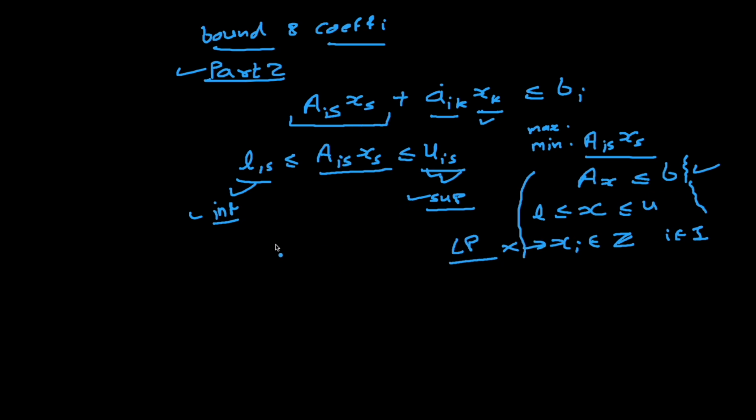A particularly interesting case is when we have only one constraint, right? So let's take a look at this. We are minimizing the sum of a_is x_s subject to, let's say we keep only one constraint, a_j x less than or equal to b_j, right? This has a similar structure to knapsack.